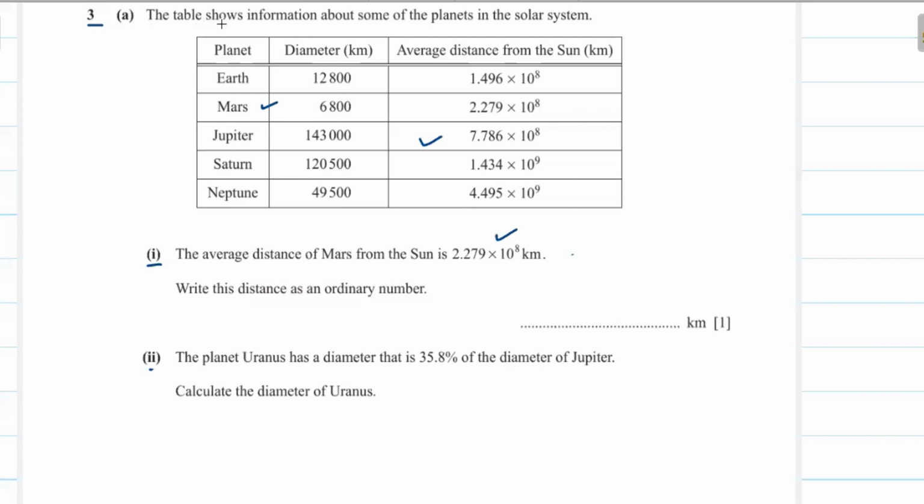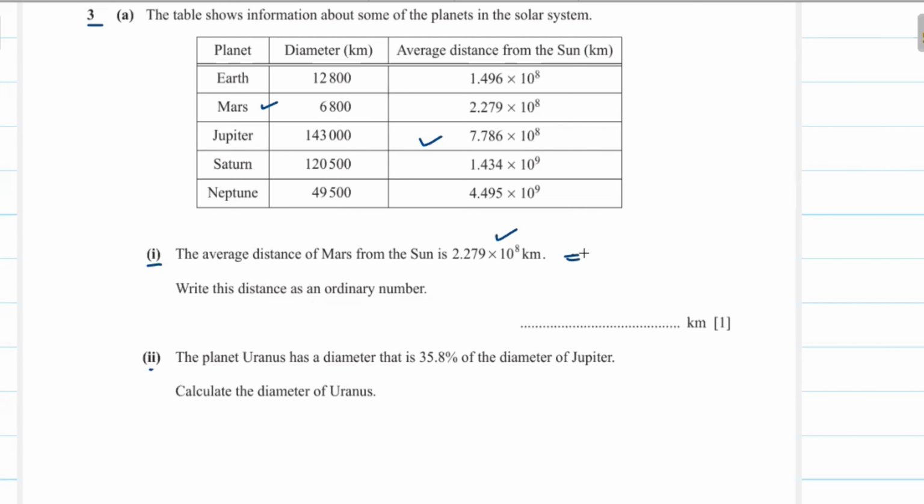Question number 3, part A. The table shows the information about some of the planets in the solar system. The average distance of Mars from the Sun is 2.279 multiplied by 10 power 8 kilometers. Write this distance as an ordinary number. You see here, this distance is in standard form. We have to convert it into ordinary form.